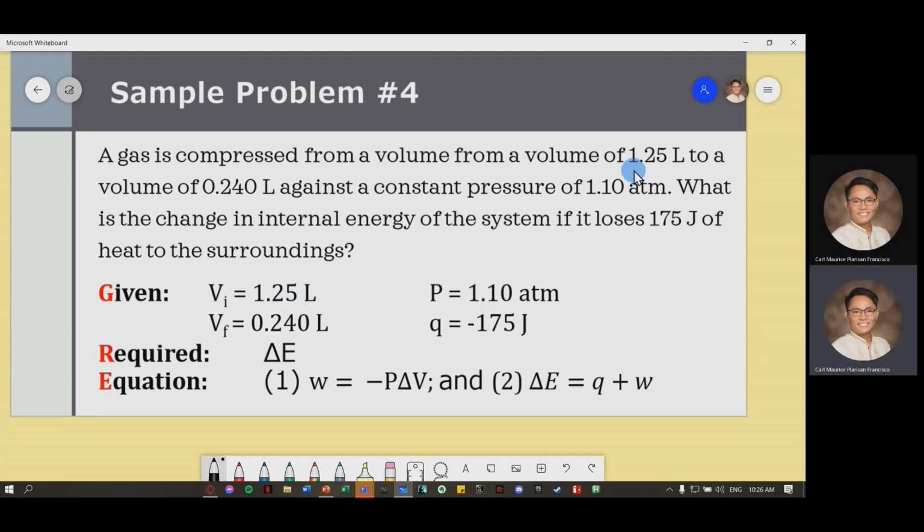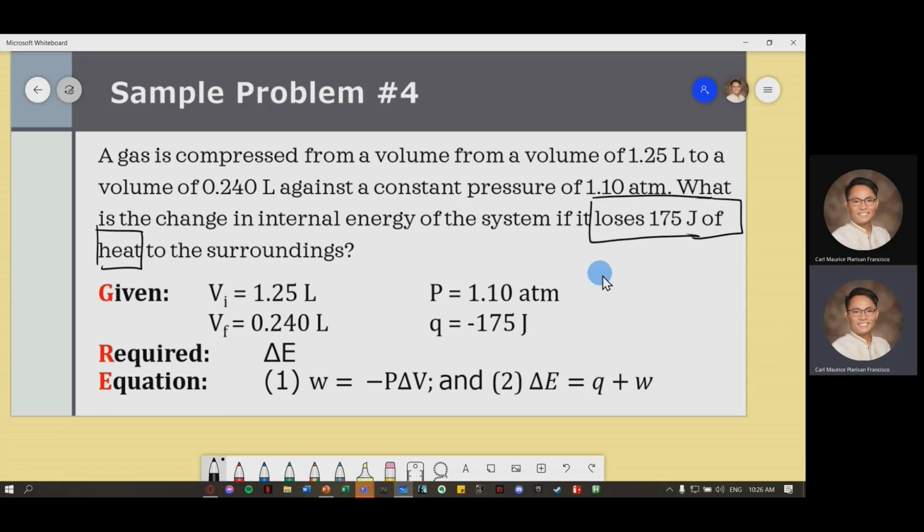Initial volume is 1.25. Let me explain how the given came about. Final volume is 0.240 liters. Your external pressure is 1.10 atmosphere. And then what about this 175 joules of heat? Okay? There is an inclusion of heat.